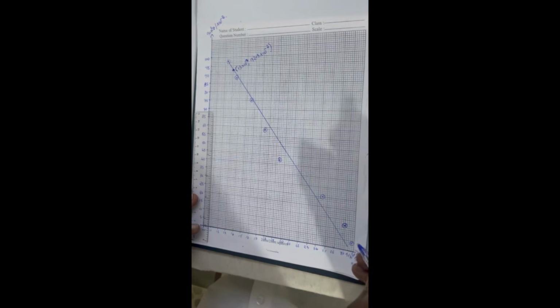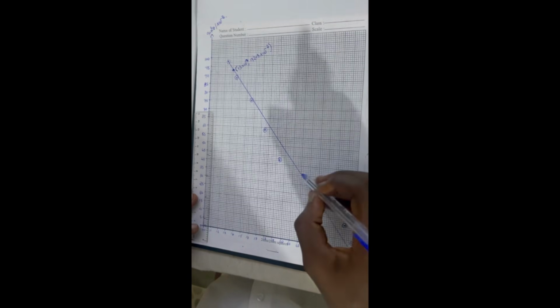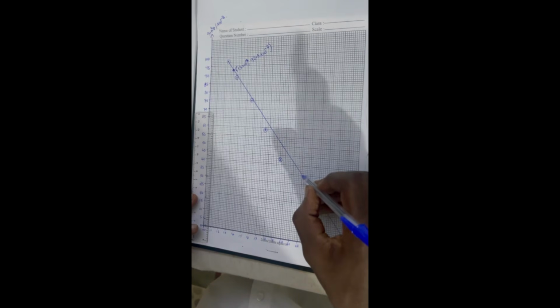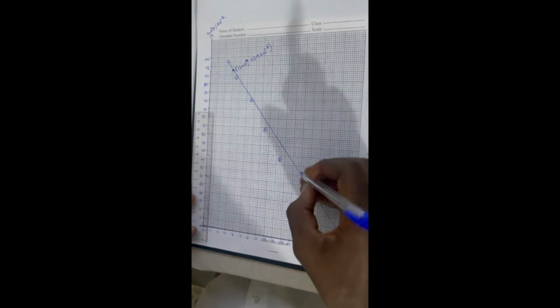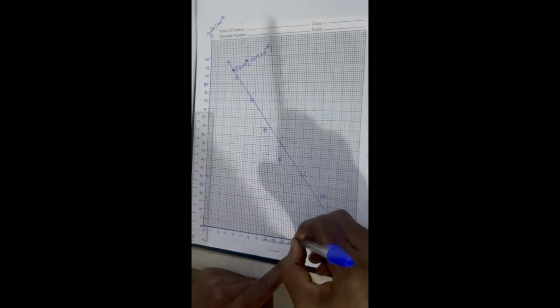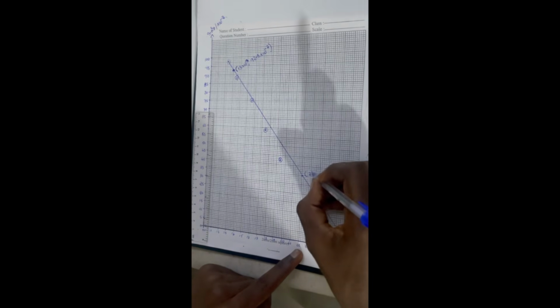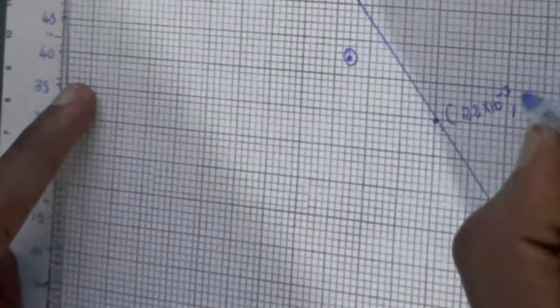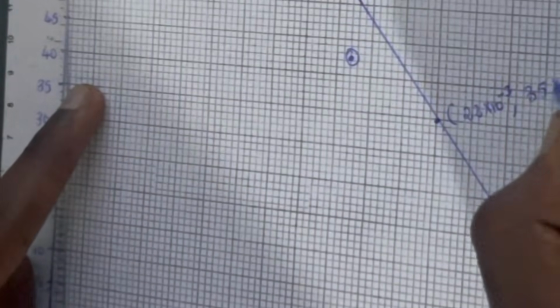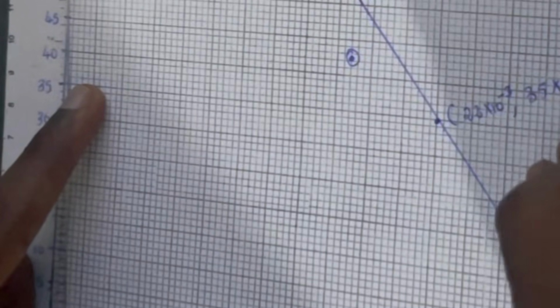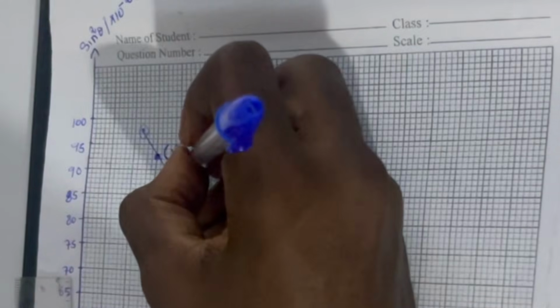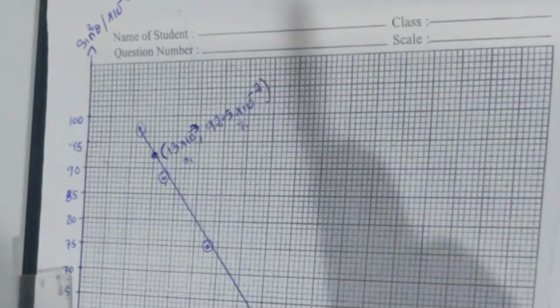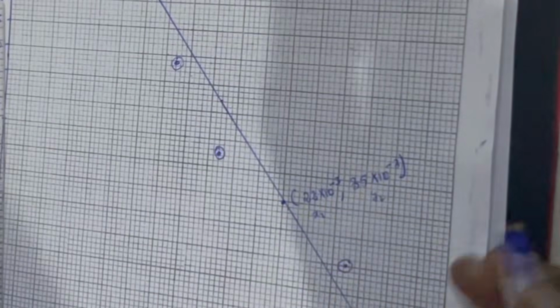Let me choose another point here. I can choose this one, and start here: 22 times 10 to the negative 3, comma, then my y will be 35 times 10 to the negative 3. So you can call these your x1, y1, x2, y2.